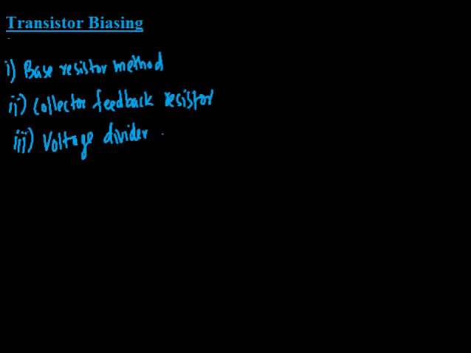These three biasing methods we will discuss in the coming lectures, and one more biasing method we can use to bias a transistor circuit is the emitter bias method.